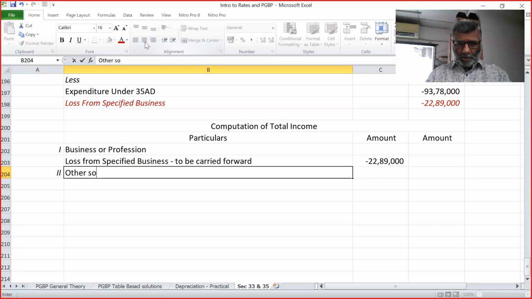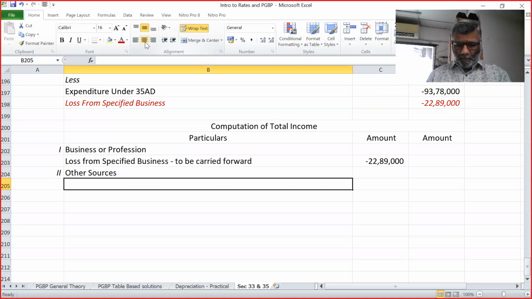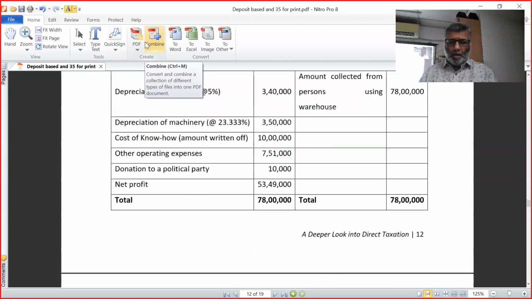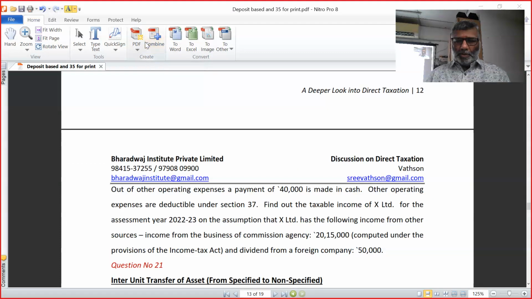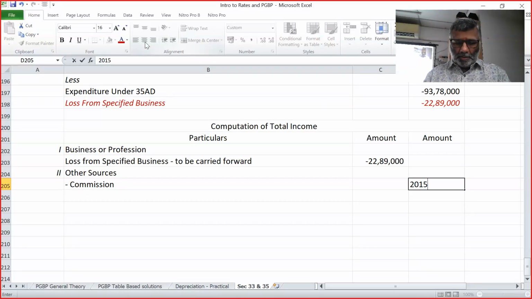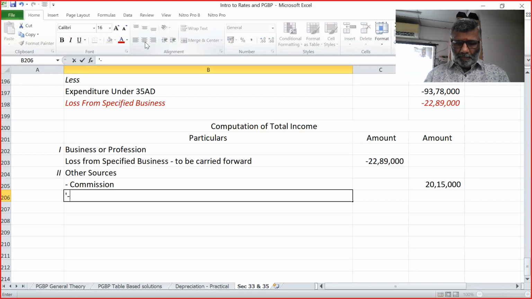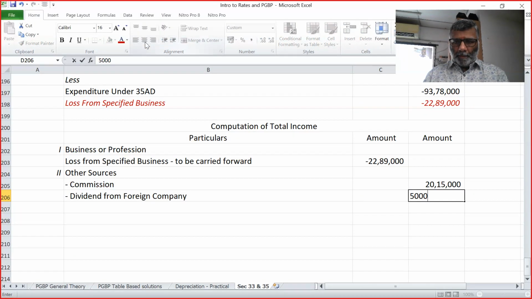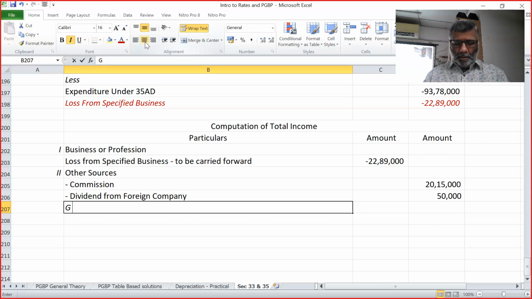Other sources: commission 20,10,000, and dividend from foreign company 50,000. Okay.